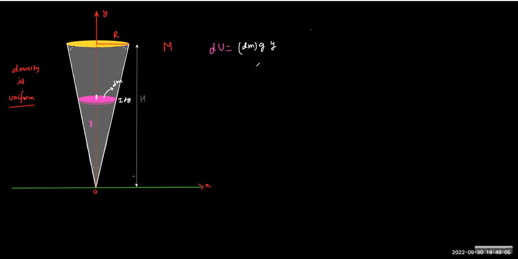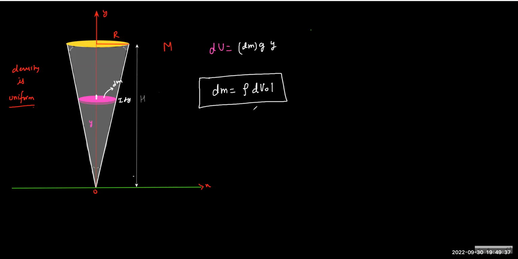Now the question is, how are you going to convert dm in terms of y? Is the cross-section area uniform, or changing? It is changing. So we have to write the answer in terms of density because it's a three-dimensional object. A cylinder will have mass equal to density times volume, and we know how to write volume, isn't it?